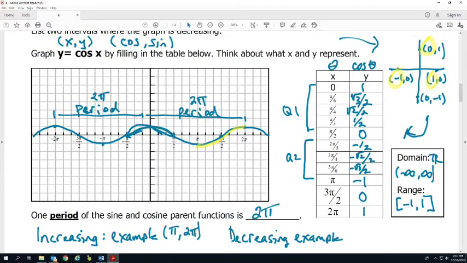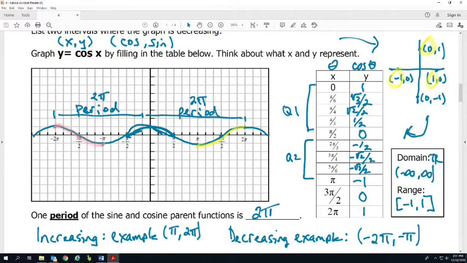Should look more like that. I'm sorry about that. Okay, so the places where it's decreasing are, for example, from right here to right here. So that would go from negative 2 pi to negative pi. All right, so that's the cosine graph.